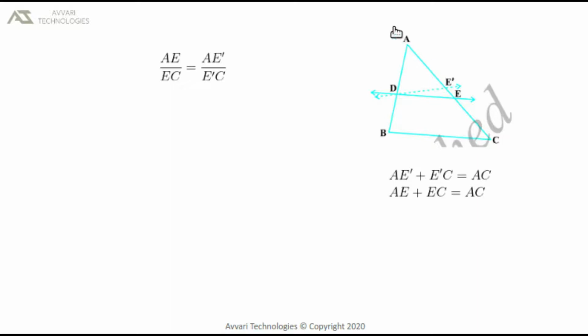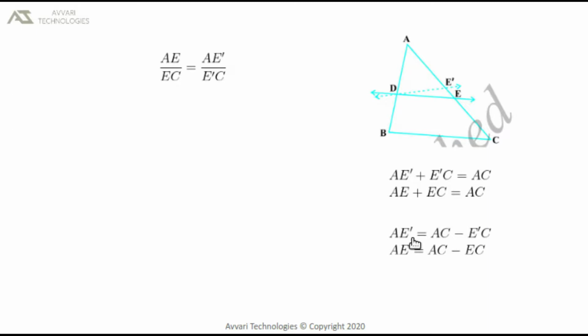Observe the triangle here. Here we can notice that AE dash plus E dash C is equal to the whole length of AC. So AE dash plus E dash C is equal to AC. Then AE plus EC is equal to the whole length of AC. Right? Now we will do some manipulation.